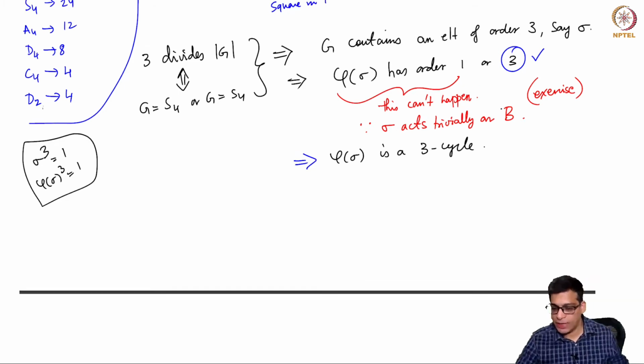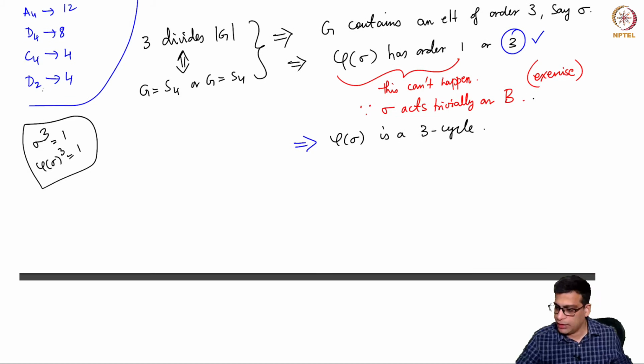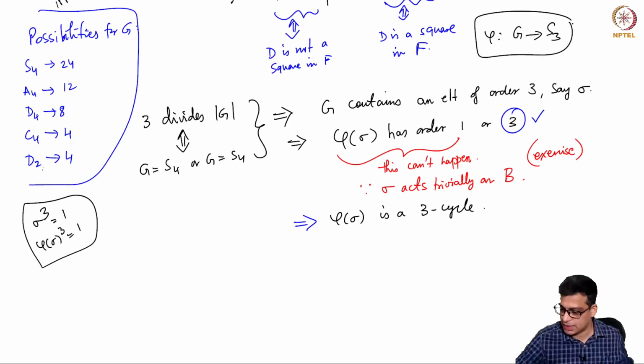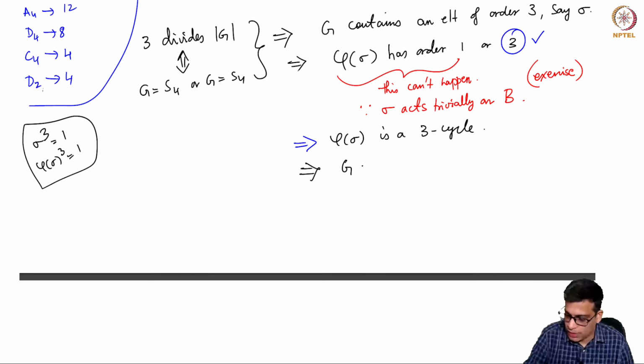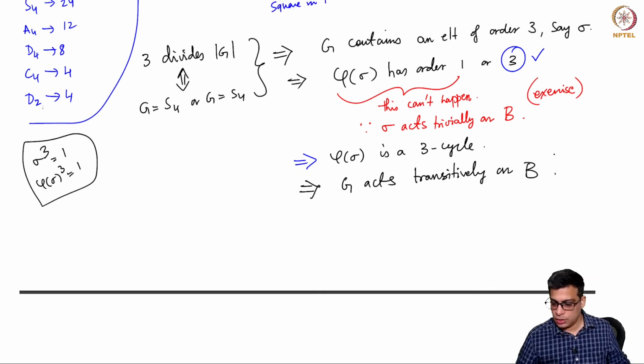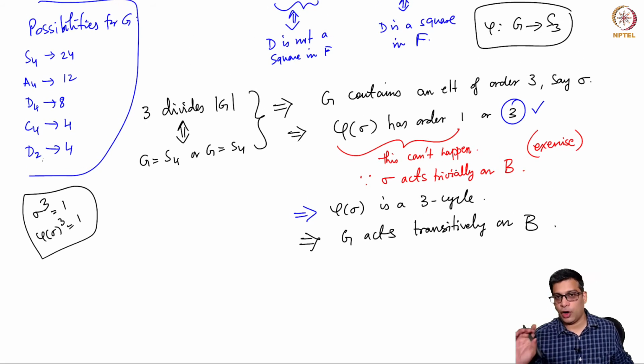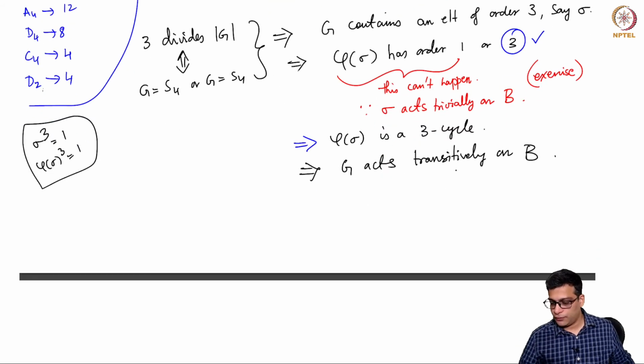So phi of sigma has order 3. But if phi of sigma has order 3 in S3, then phi of sigma is in S3, so that means it's a 3 cycle. That means G acts transitively on B, because a 3 cycle already interchanges all. If phi of sigma is a 3 cycle, then phi of sigma squared is the other 3 cycle, and together they are transitive.